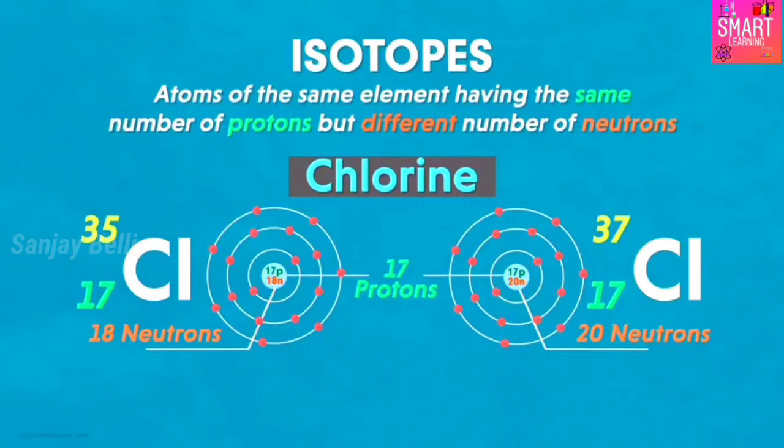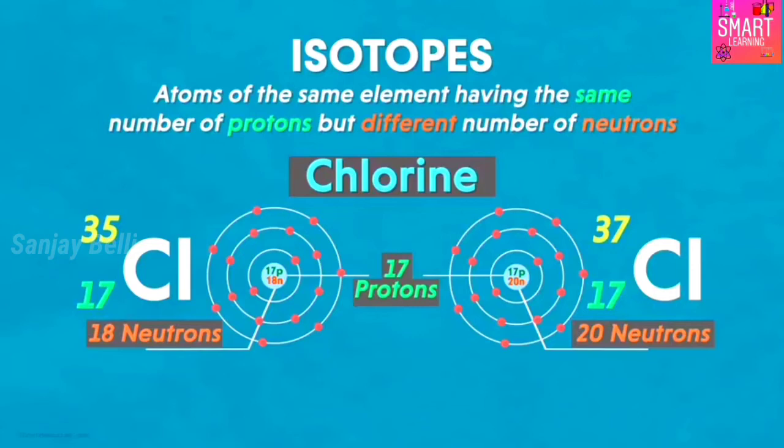Yes, same number of protons but different number of neutrons, just as we saw in the chlorine. All the atoms having 17 protons, but few of them have 18 neutrons, while some others have 20. So these are the isotopic forms of chlorine.